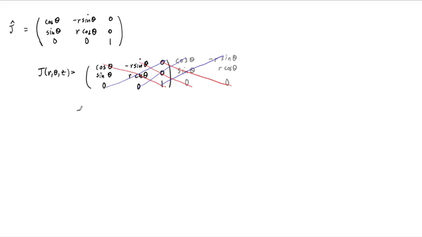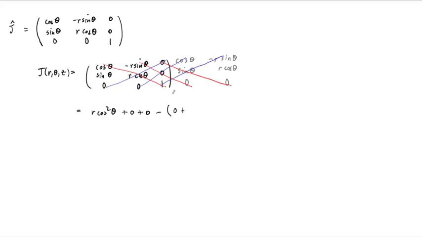Okay, so the determinant of this is going to be the product, so it's going to be cosine times r cosine times 1. So that's r times cosine squared theta, plus 0 plus 0. These two diagonals here each have at least one 0. So plus 0, minus the sum of the blue ones.